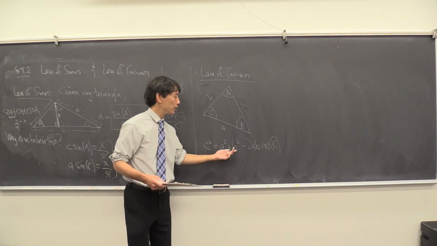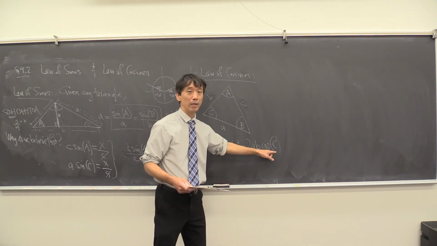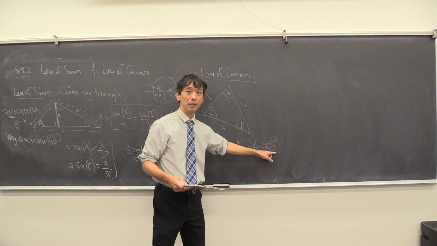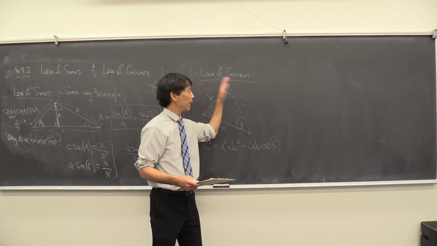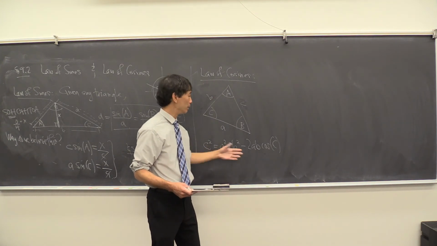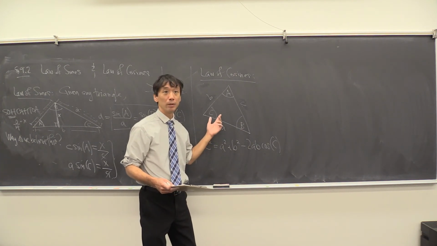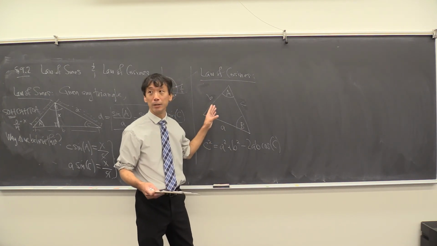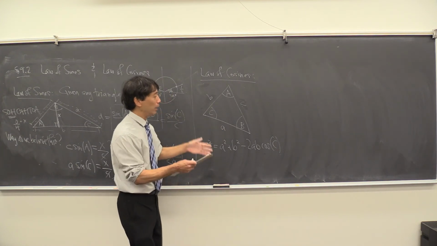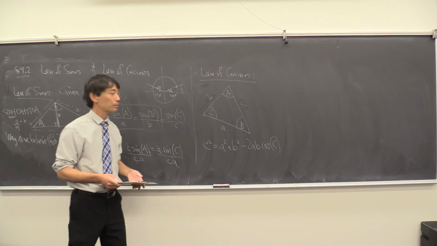It would say c squared equals a squared plus b squared minus 2ab cosine of 90. What's the cosine of 90? 0, right? It's the x-coordinate of this point on the circle. So the law of cosines says c squared equals a squared plus b squared if this angle is 90. Right, so this thing encompasses the Pythagorean theorem.